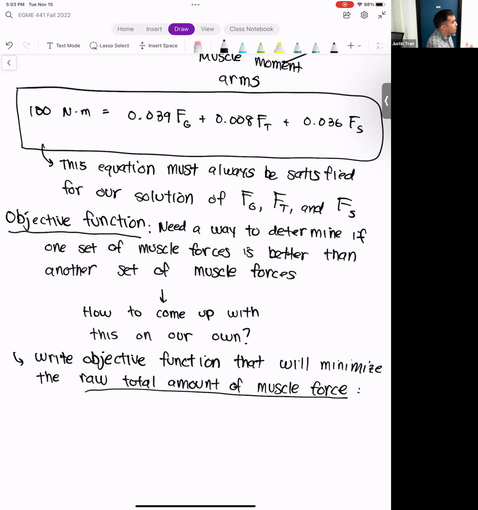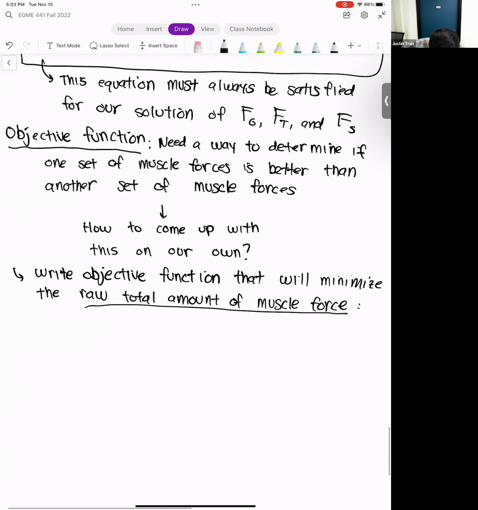And so the raw total amount of muscle force is just the sum of all three. Okay. And so if we say that our F, to be consistent, we'll say our F of X vector here. Okay. For this problem, one thing could be just Fg plus Ft plus Fs.